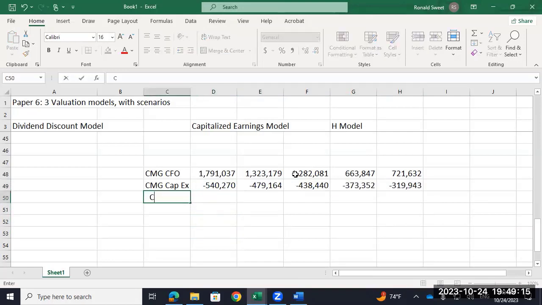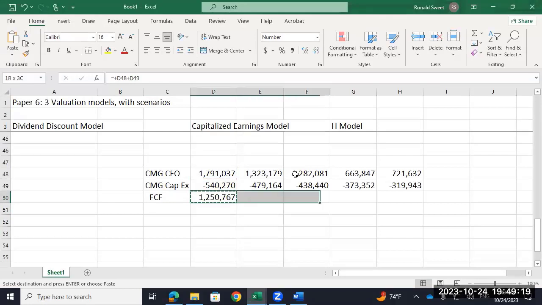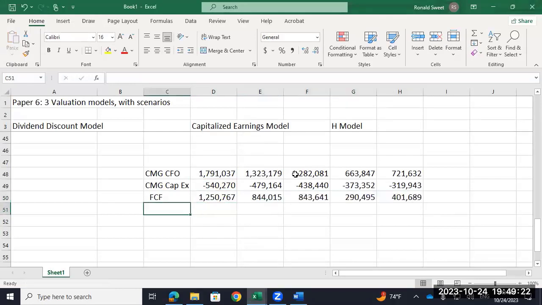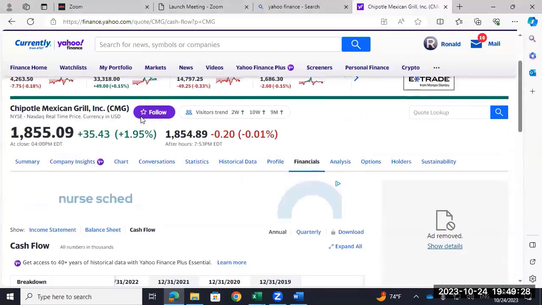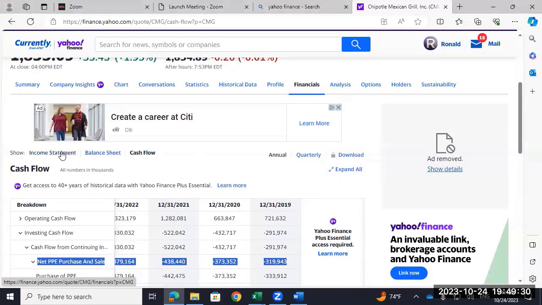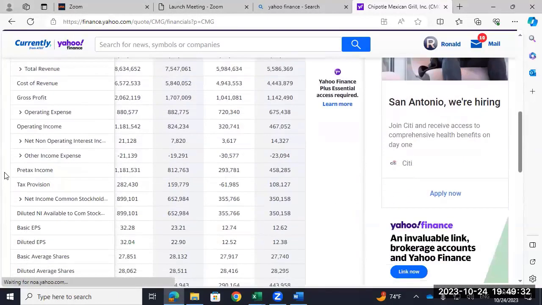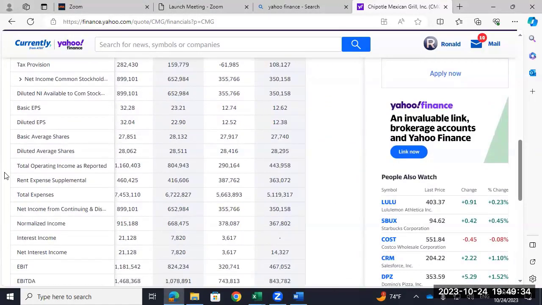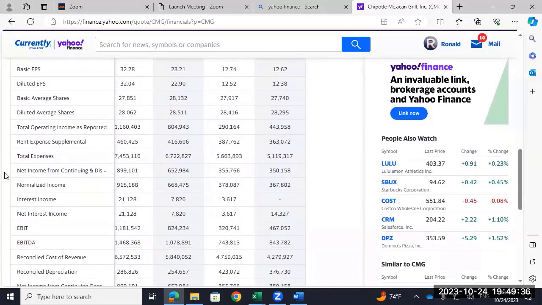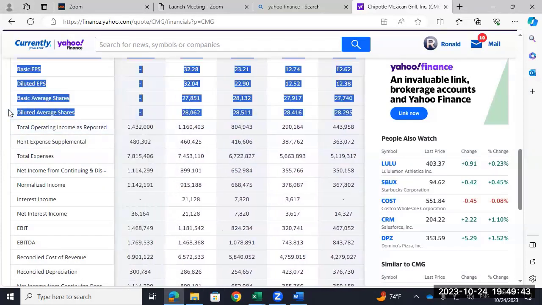All right, so that gives you free cash flow. And you have shares outstanding that you can use, to get on the income statement. Basic average shares, diluted, let's do the diluted.